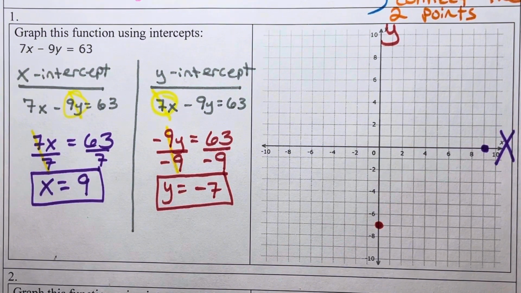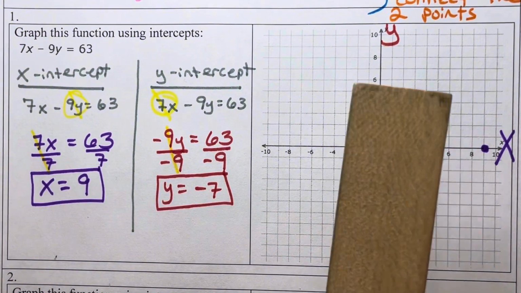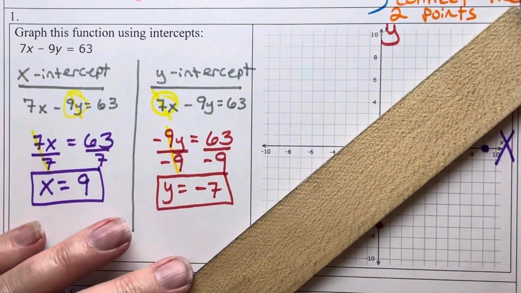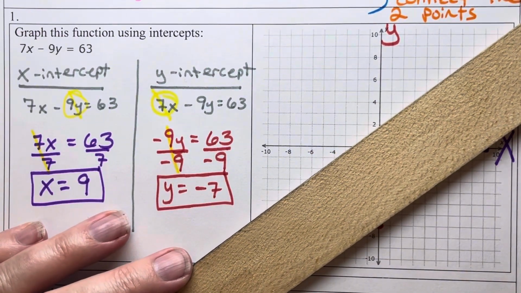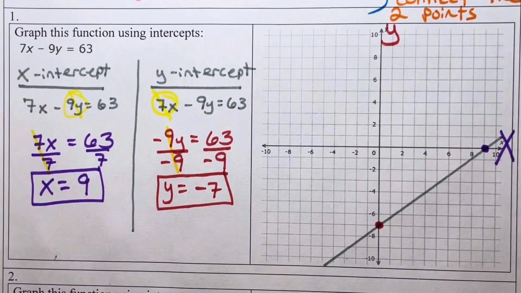And then it says plot and connect the 2 points. So I've plotted them both. We'll get out our handy dandy ruler and let's connect them. And there is the line graphed on your coordinate plane using your x and y intercepts. And there you go.